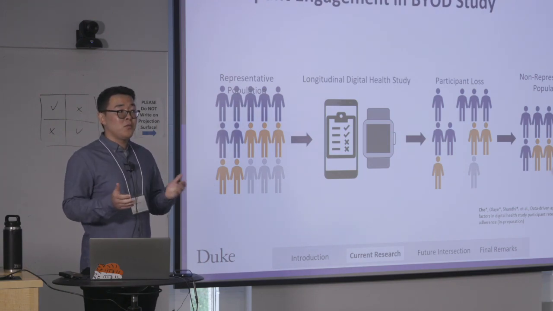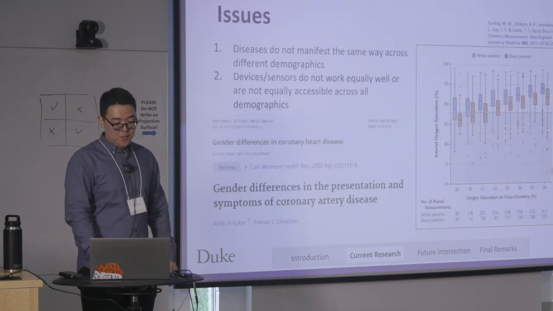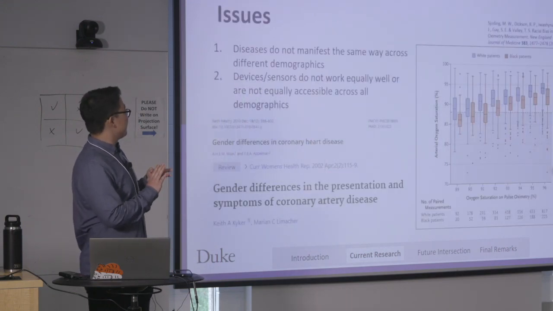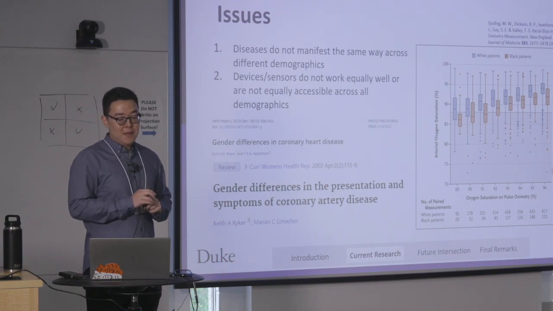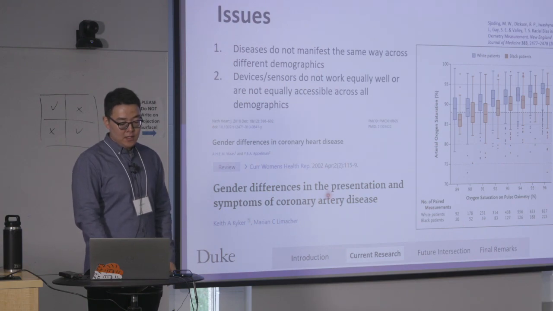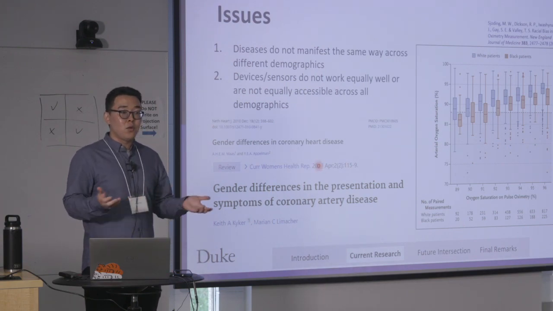You may be wondering, why is this an issue? There are two primary issues. First, diseases don't necessarily manifest the same way across different demographics. We've seen this, not in the wearable device space, but for coronary heart disease.